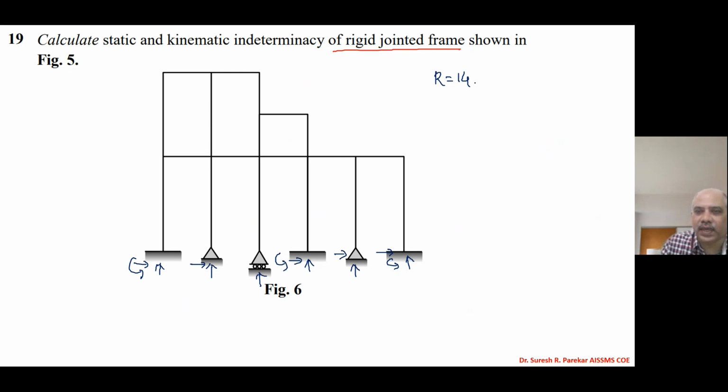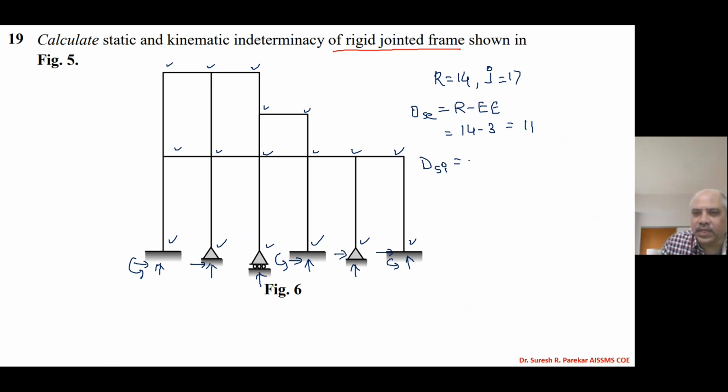So R equal to 14. Then J we have 1, 2, 3, 4, 5, 6, same, 7, 8, 9, 10, 11, 12, 13, 14, 15, 16, 17. So we have J equal to 17. And now we have DSE equal to R minus equilibrium equations. R we have 14, equilibrium equations 3, and then DSE we get 11.